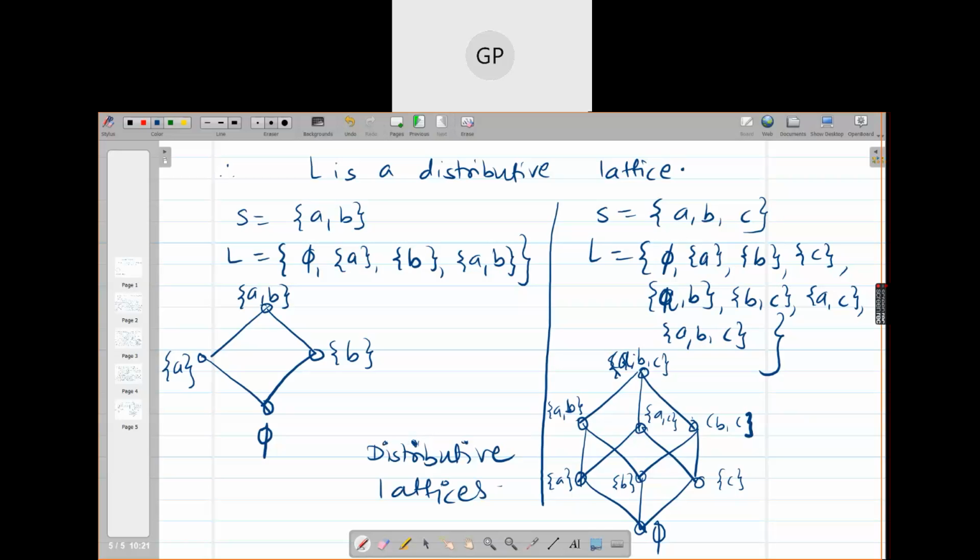Is that okay? Similarly, if you consider D12, it has 1, 2, 3, 4, 6, and 12.